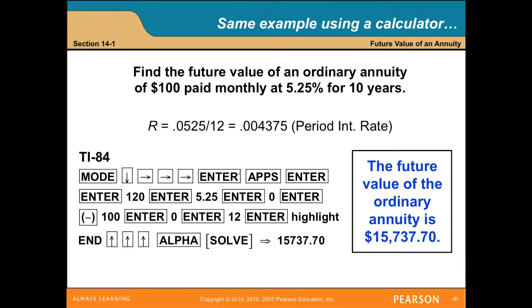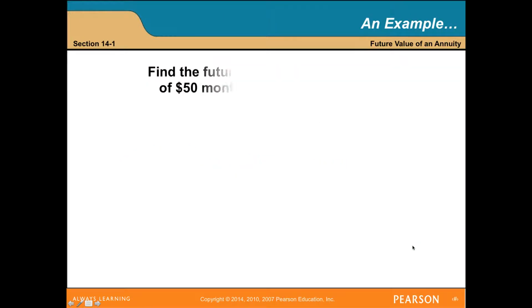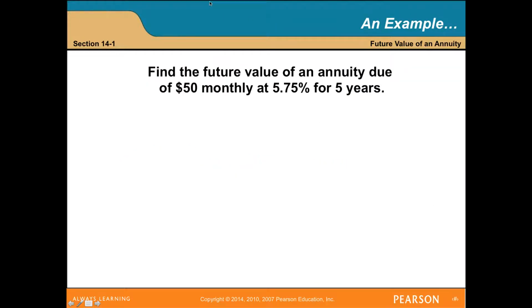This is the reason why none of you have the TI-84 calculator, because it's antiquated. We have better, more sophisticated calculators now. The future value of the ordinary annuity is $15,737.70.